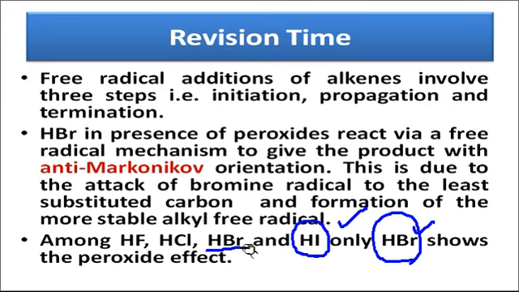But the problem with the attack of HI is that the free radical formed by the attack of the iodine radical on the alkene is unstable, and this converts into the iodine radical and the alkene again quickly. That is why only HBr shows the peroxide effect or the Kharasch effect. So that's all for today's class.